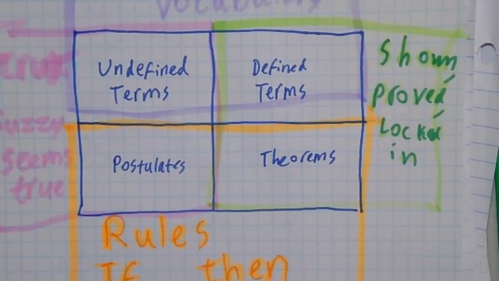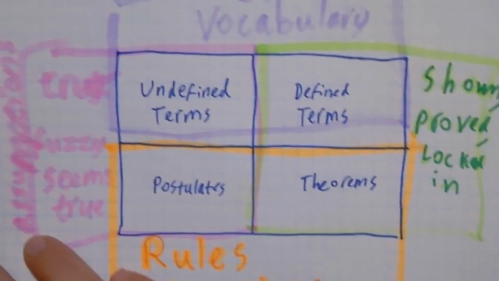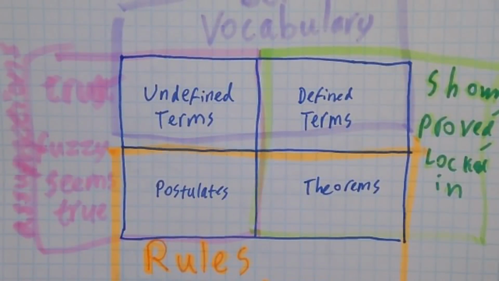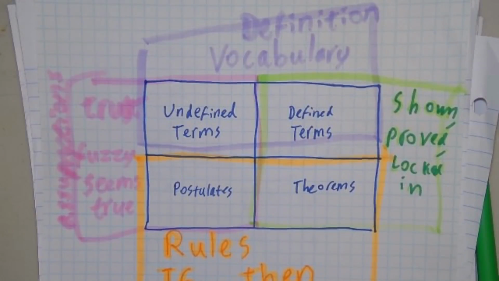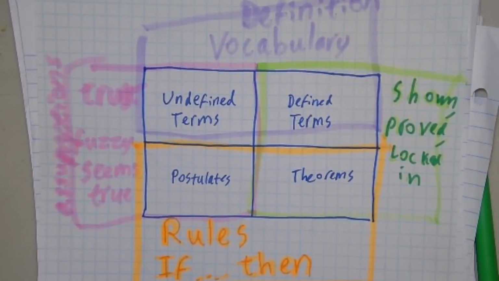So I'm hopeful that this distinction makes things make a little more sense. I'll zoom out so that you can see the whole thing at once. And that is how you can tell which of these 4 things it is.